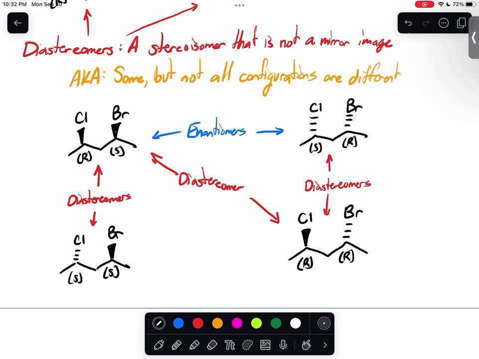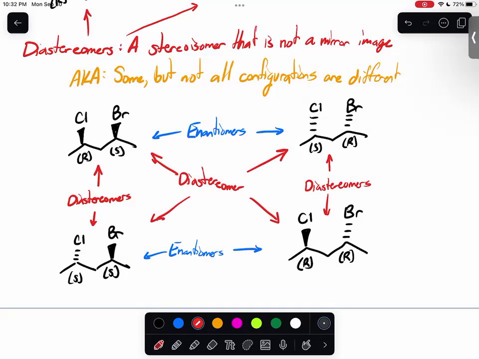Now then, although those are diastereomers, the SS and the RR are also related, right? They are enantiomers of one another because all of the stereochemistry has changed there. And then even more interesting, on the diagonal once again, those molecules are diastereomers of one another because the SR and the SS only has one stereocenter changed.